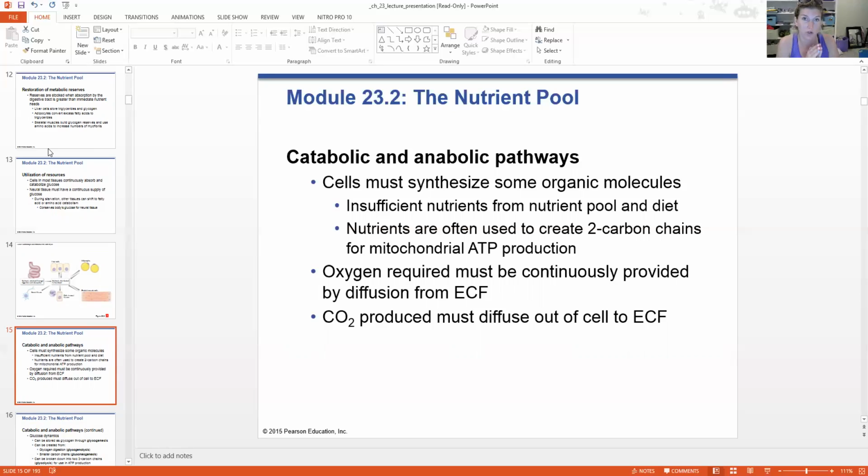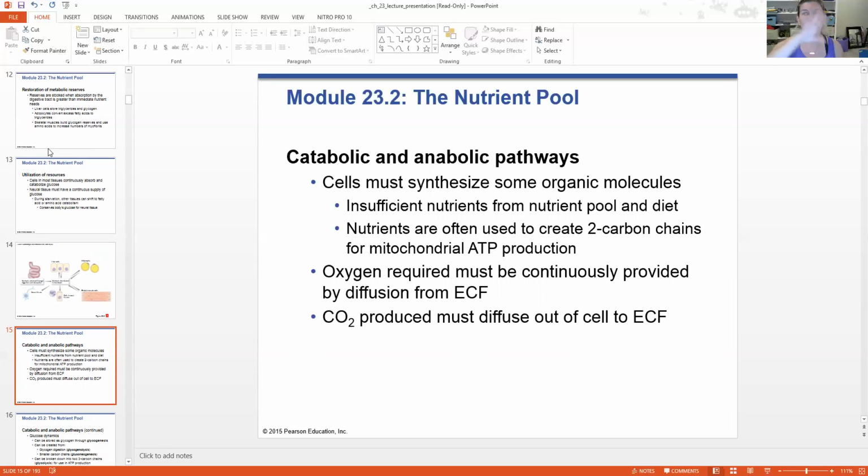They'll create 2-carbon compounds. Oxygen is required to do this, and carbon dioxide will be produced. These 2-carbon compounds are then used to create ATP. So we're going to learn how these 2-carbon compounds are produced.